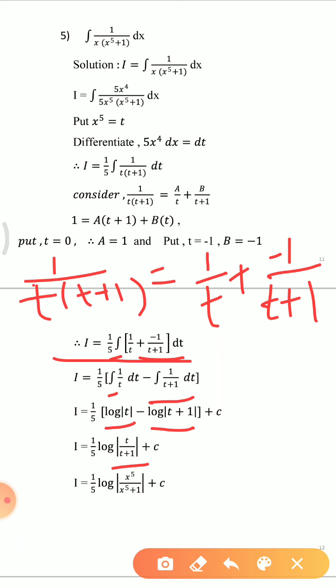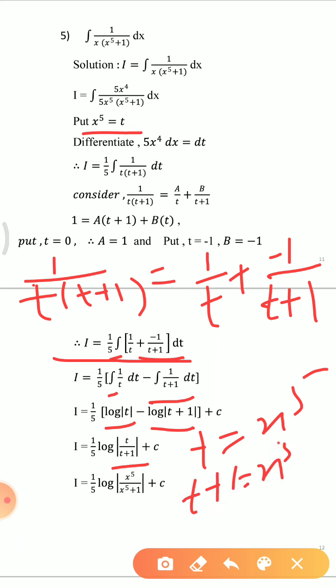Then we resubstitute the value of t. We already substituted x raised to 5 is equal to t, that means t is equal to x raised to 5 and t plus 1 is x raised to 5 plus 1. Substituting here, I is equal to 1 by 5 log of mod of x raised to 5 upon (x raised to 5 plus 1) plus c here.